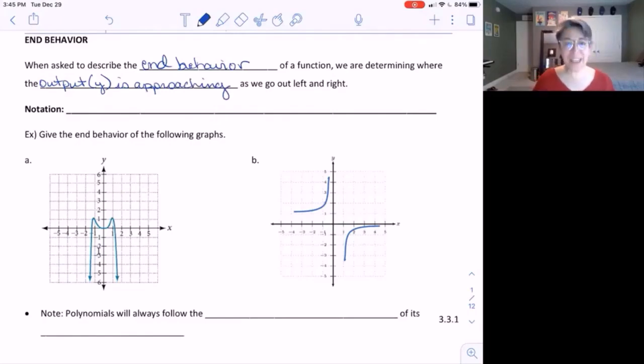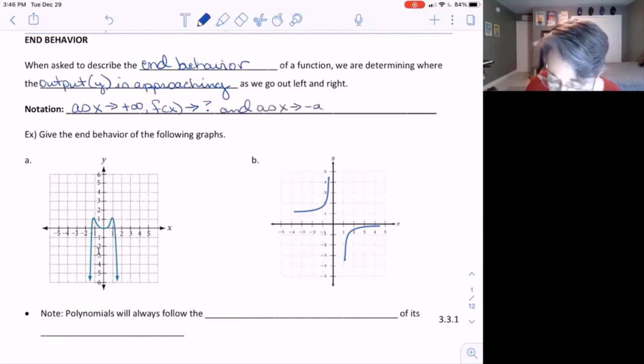So the notation for this, we might say as x is approaching positive infinity, f of x is approaching something, question mark. And as x is approaching negative infinity, in other words, going to the left, our function f of x is approaching what? So as our x is going right or as our x is going left, our y is going where? So let's do a couple examples.